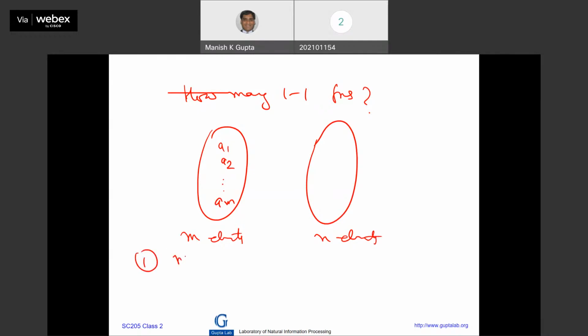Case 1, m is greater than n. Case 2, m is less than or equal to n. If m is greater than n, how many one-to-one functions are there? कोई भी नहीं होगा. Very good.